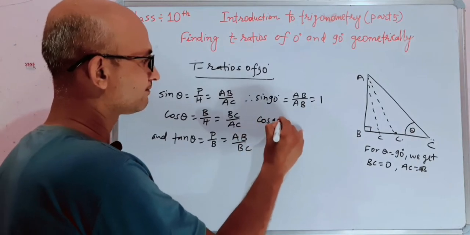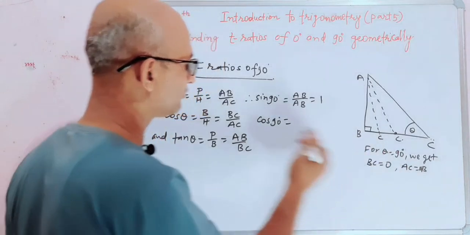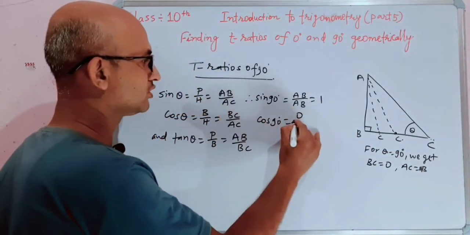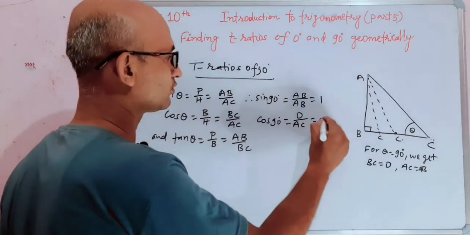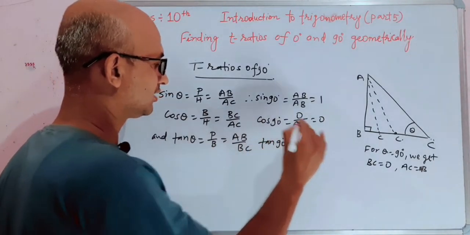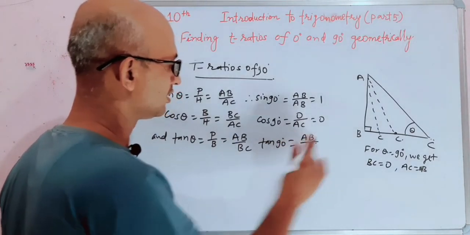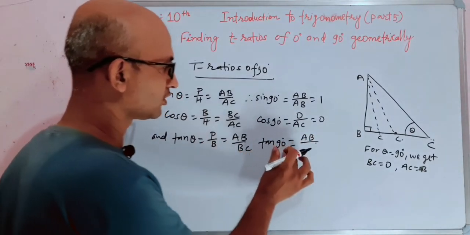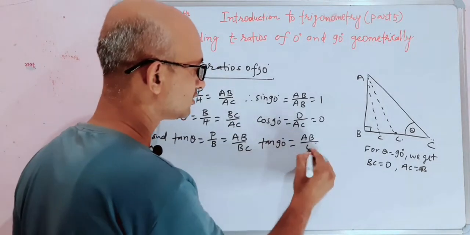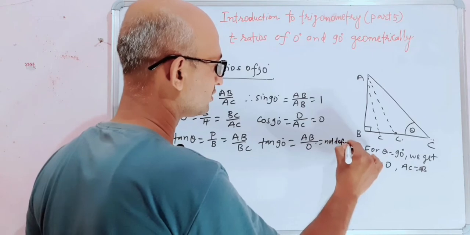Cos 90 equals, for theta equals 90, BC equals 0, so 0 by AC equals 0. And tan 90 equals AB by BC, and for theta equals 90, BC is 0, and AB by 0 is not defined.